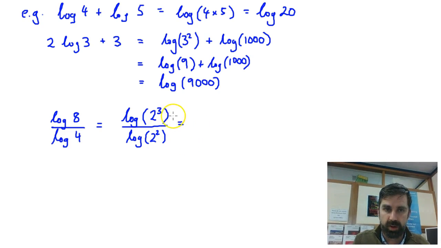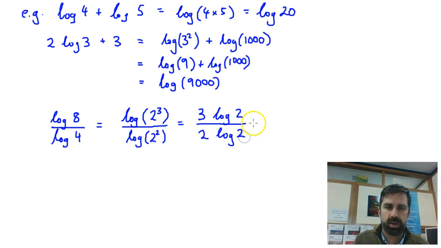From our third log law, we can bring this power out the front. So that's the same as 3 log 2 over 2 log 2. And now, if we've got a log over a log, we could think of it as the two of them just cancelling out. So log of 2 and log of 2 are equal, so they cancel. And in this case, that actually just leaves us with 3 over 2.